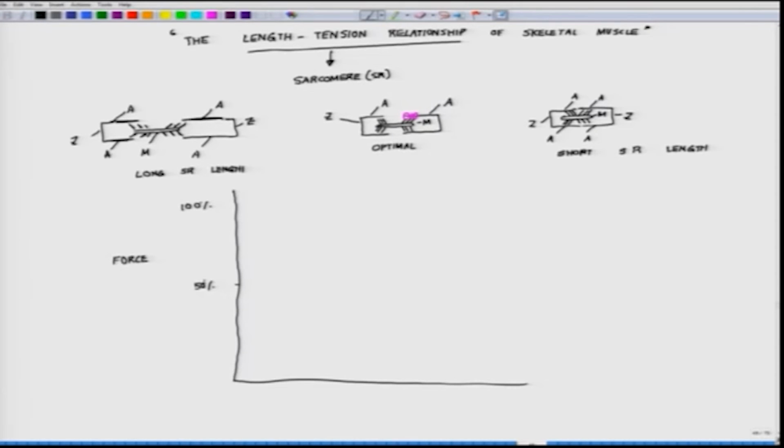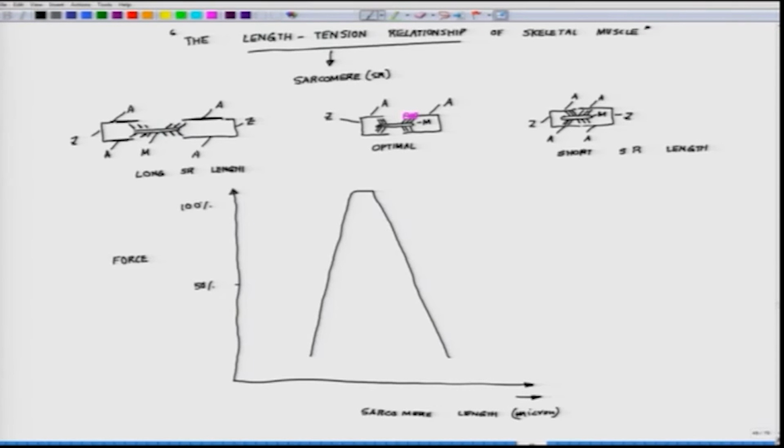So, you will see, depending on the sarcomere length, and this axis is going for sarcomere length in micrometers, what you will observe is something like this.